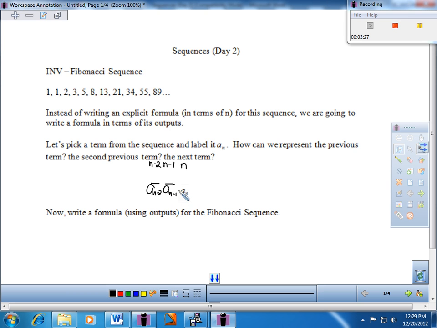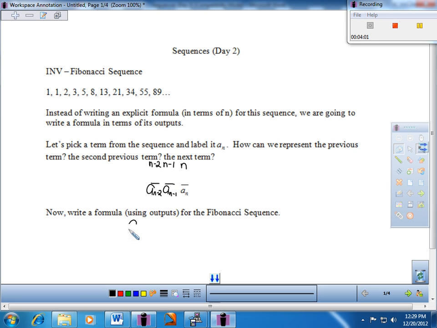Do I have a way to potentially write a formula for a sub n? The verbal description goes like this: I'm supposed to add the two previous terms together, the value of this term and the value of that term added together. Give me the value of this term right here, whatever it may be. I think we have a chance at this.